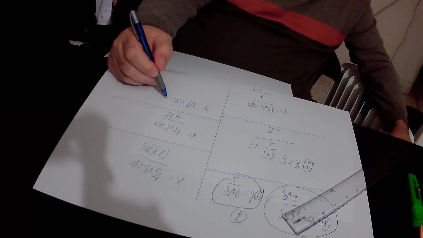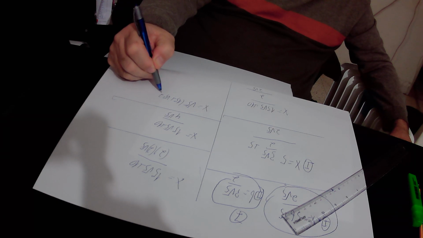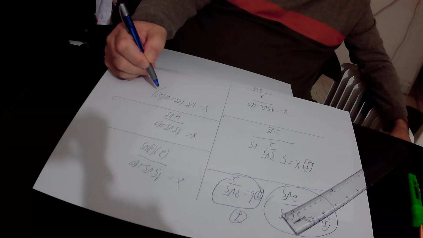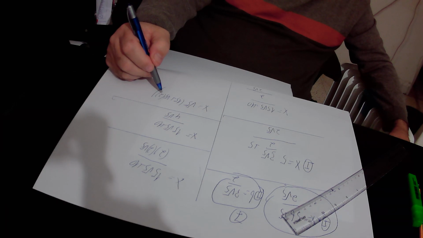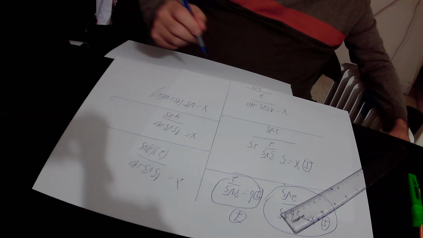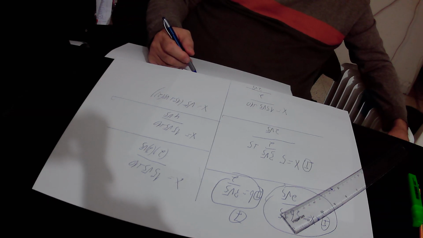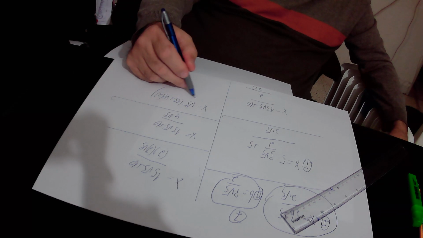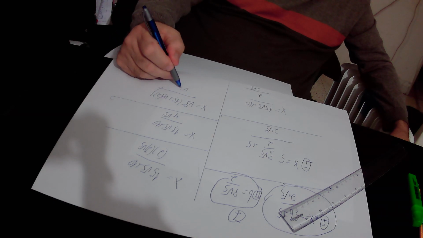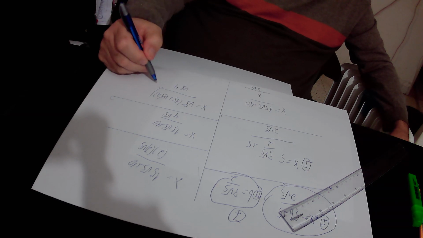What is left is actually square root of 5 times 2. Why? Because square root of 5 times 2 times square root of 5, in total equals 10. All divided by square root of 5 times 4.